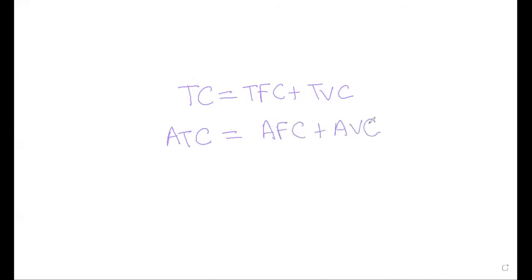Total cost is equal to total fixed cost plus total variable cost. So what can we write? We can write average total cost is equal to average fixed cost plus average variable cost. Do we all agree?